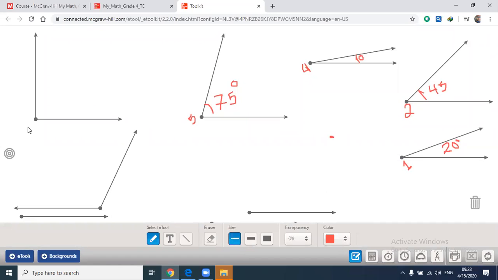Now I have number 6 with 90 degrees. I can just put a square corner inside it. This means 90 degrees. And this one, number 7, 115 degrees.